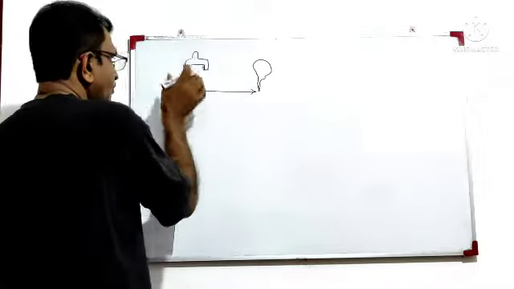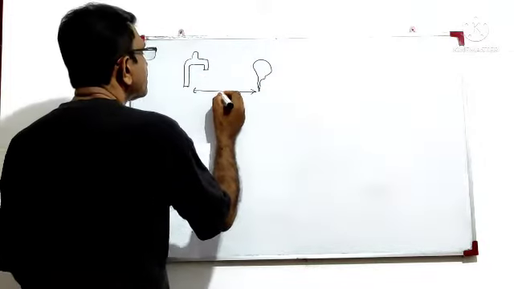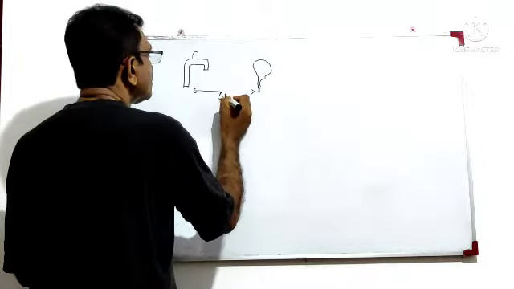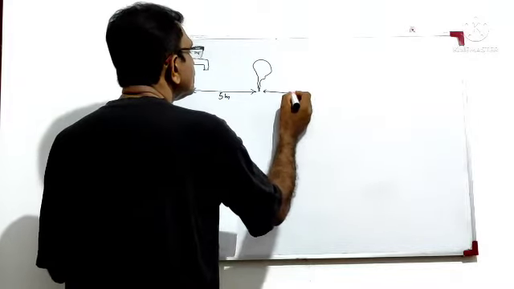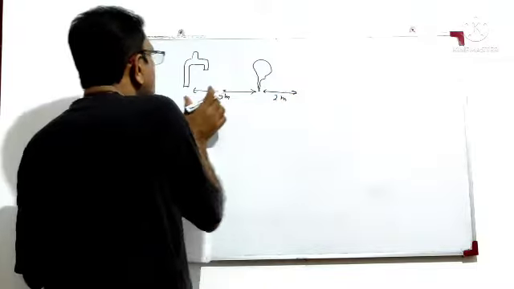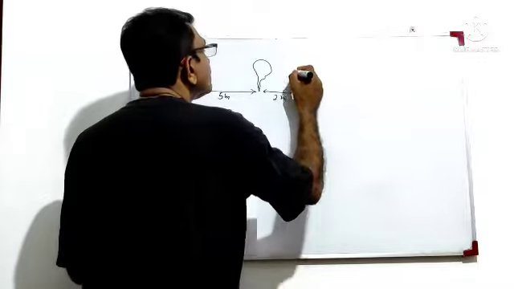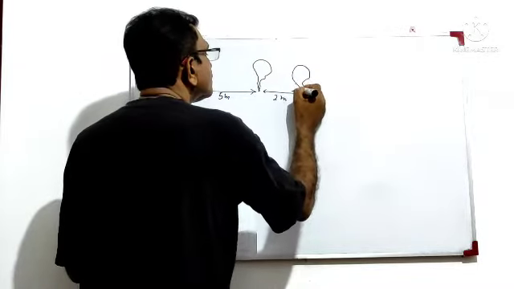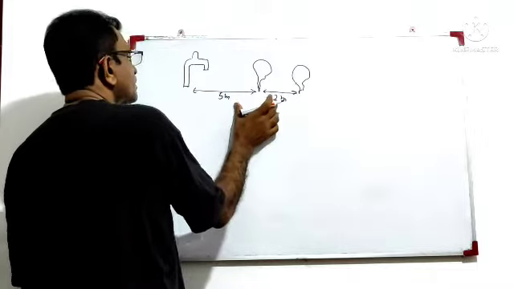The distance between tap to first flowering bush, 5 meters. The distance from the tap to the second flowering bush, what is the distance? 5 plus 2, 7 meters.